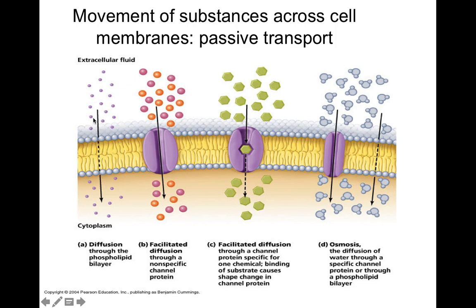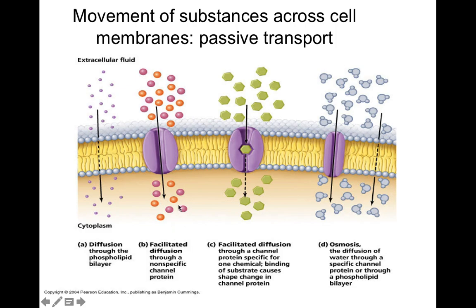So, diffusion: non-polar molecules like molecular oxygen and CO2 can just diffuse right across the phospholipid bilayer. But in contrast, large polar ionized hydrophilic substances will require a membrane transport protein to help them. In this case, the transport is called facilitated diffusion.